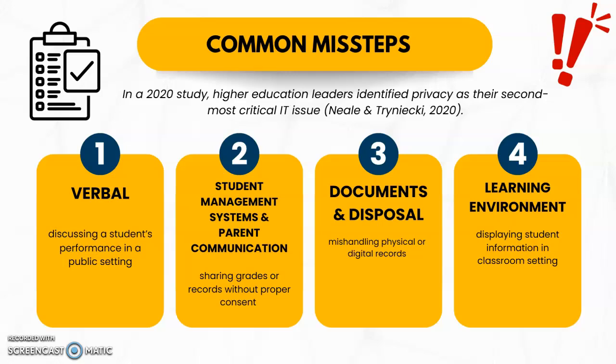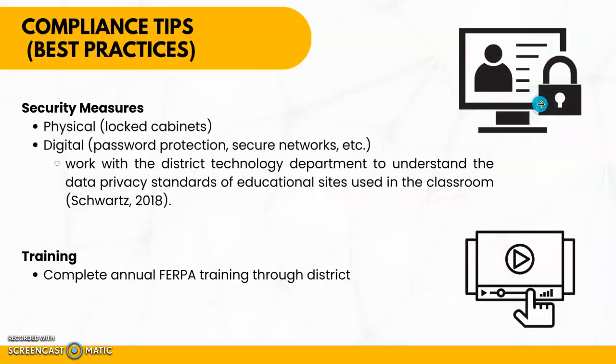And then again, thinking of our learning environments, our physical spaces as well, making sure that we're not displaying student information in a classroom setting, whether that's printing out, again, demographic sheets or posting grades with student-specific identifiable information next to them. So just being mindful of the way that we're sharing that information within those settings as well.